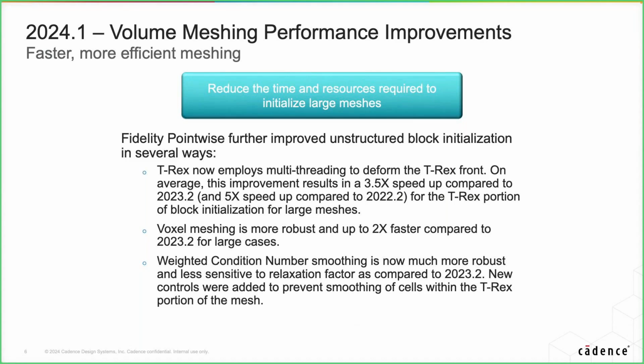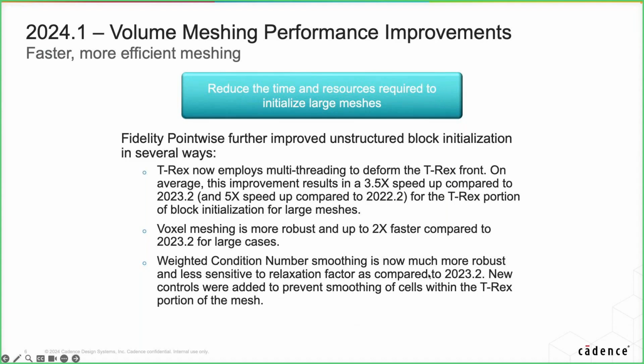And then finally, in addition to the performance capabilities, the WC smoothing that was originally developed for our high order export of meshes, which we've also applied to general smoothing of unstructured volume grids, we've made a little bit more robust for the smoothing tool, compared to 2023.2.